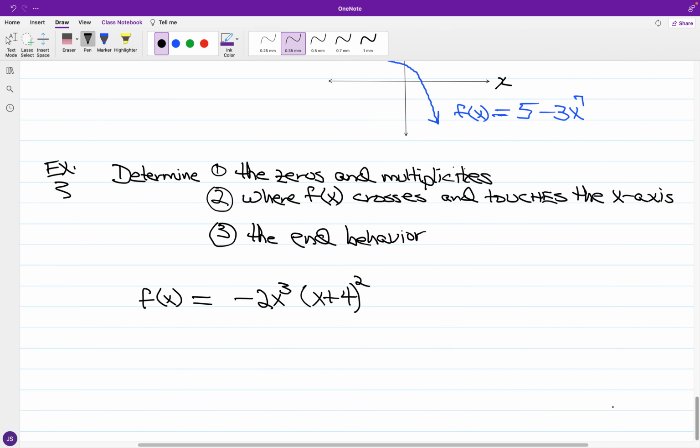So starting out with the factored form, in the layout, we are looking for the zeros and their multiplicities, and also the locations where the graph might cross as well as touch the x-axis.